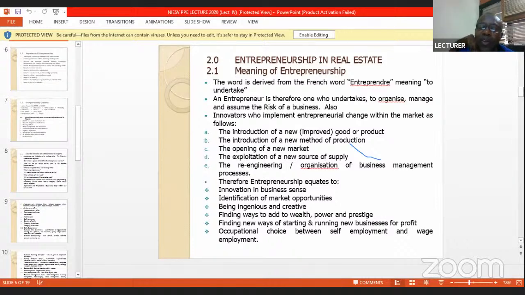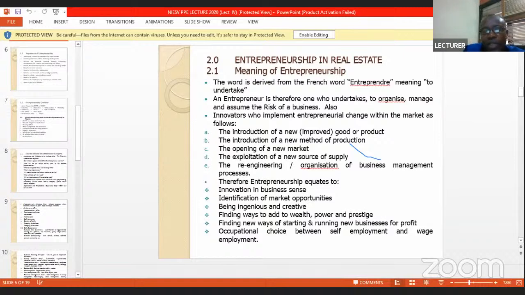Finding new ways of starting and running new businesses for profit. Notice that a good entrepreneur can start a new business. He can also run the new business for profit.